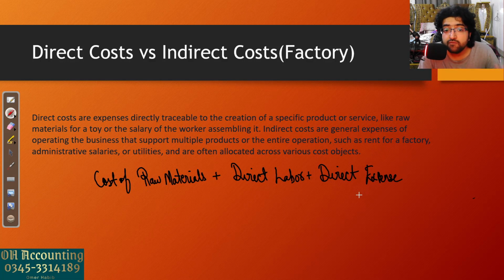Those costs which you can easily tell, yes, they relate to the manufacture of this table 100%. Those are your direct costs. These three make up prime cost.